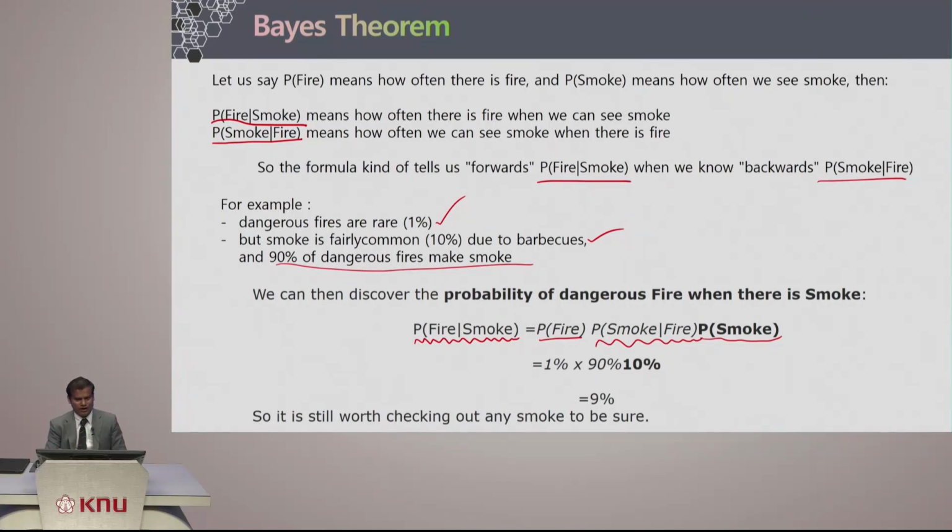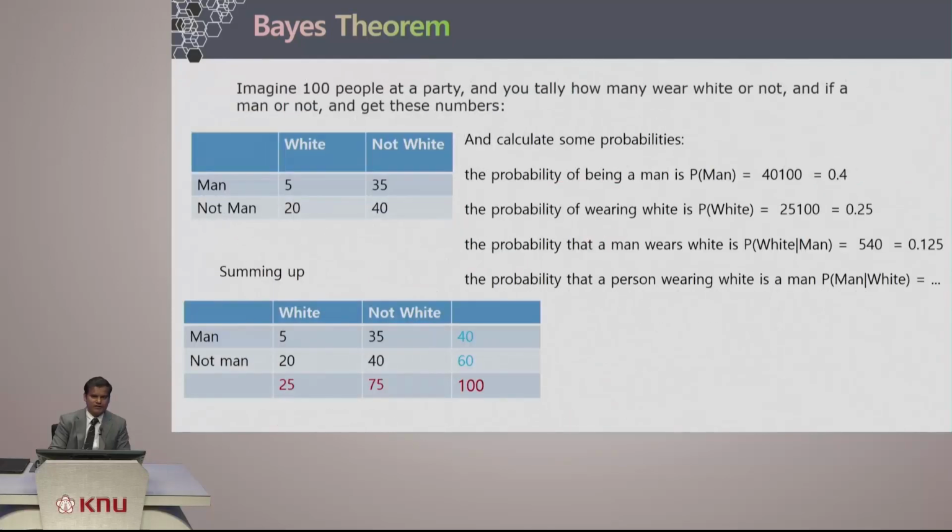So we are going to use this 90% here. Eventually you can find that it is around a 9% chance. With this thought, we can see how we can apply conditional probability to Bayes' theorem. So we can expand more on this Bayes' theorem.